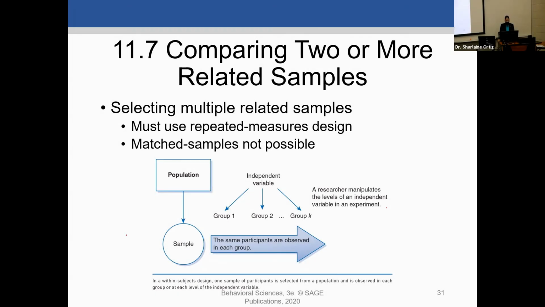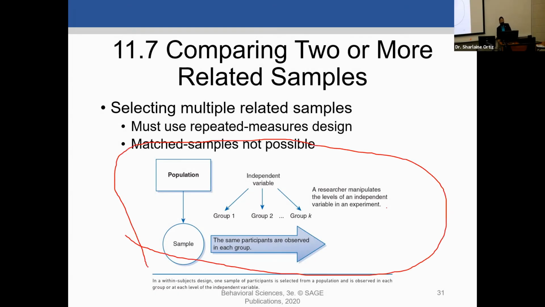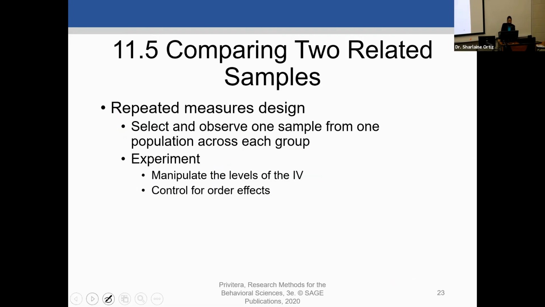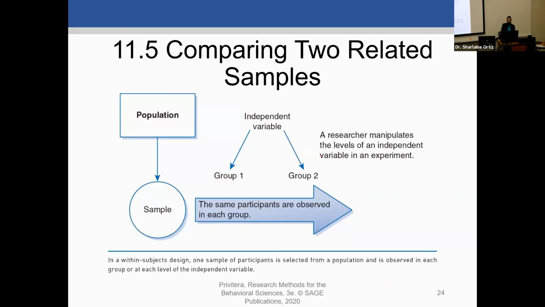In this specific illustration that we have here, notice that it is pretty similar to the previous illustration that we saw today, but in this specific case, we are looking at more than one group. So if you recall from our previous illustration, and I will pull that up here very shortly, I only had the two groups, right?